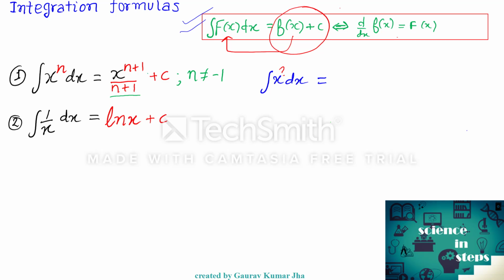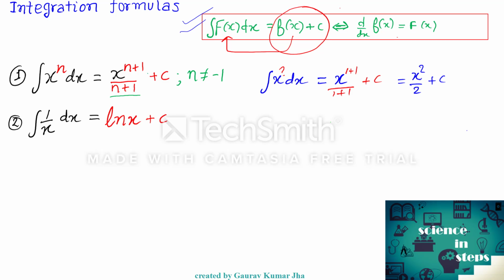So the answer would become x to the power 1 plus 1 upon 1 plus 1 plus some arbitrary constant. The final result will become x to the power 2 divided by 2 plus c. So when you integrate x with respect to x, the answer is x square by 2. The power increases by 1 and we get a term in the denominator.